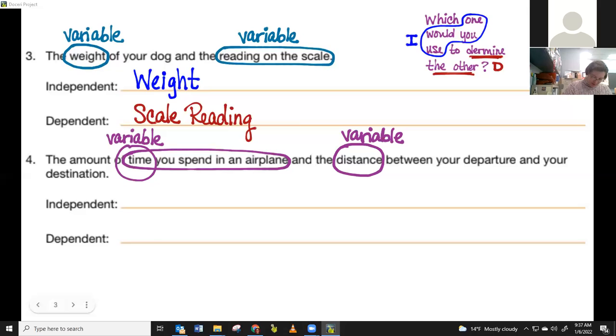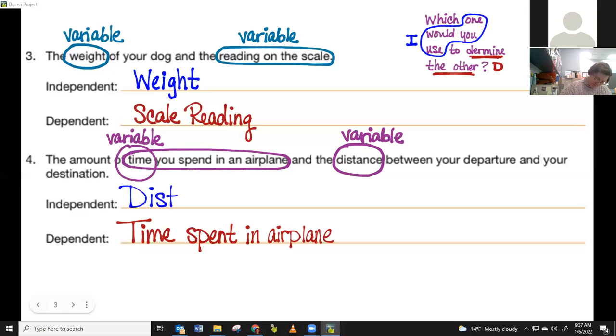That is also what the book says. And so I would put that as our dependent then. How far apart those two places are is what would determine the length of the flight.